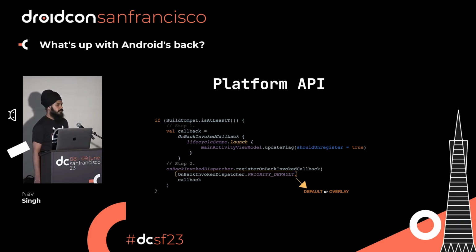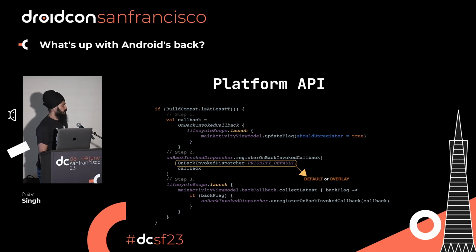Overlays have a higher priority than the default ones for back press. And then there is a third one, which is the system one. If you remember the previous slides where I discussed it, it checks the ahead of time callback flag. If it's enabled, then it registers with the system default fallback callback with the system default priority.